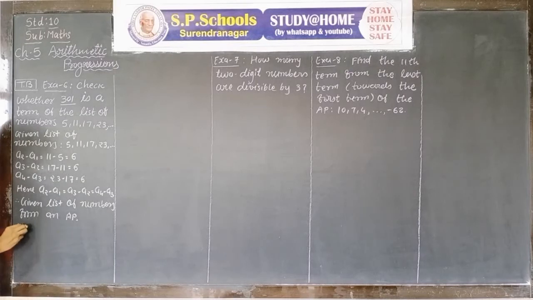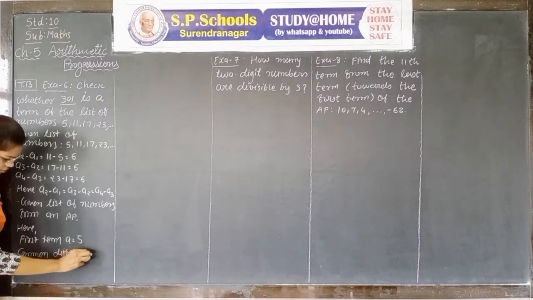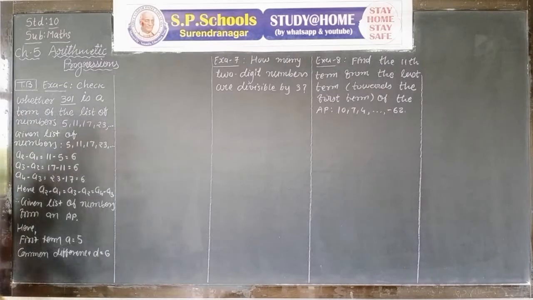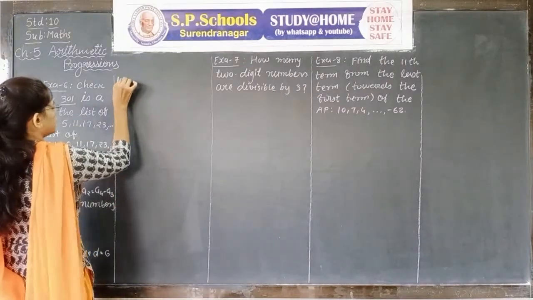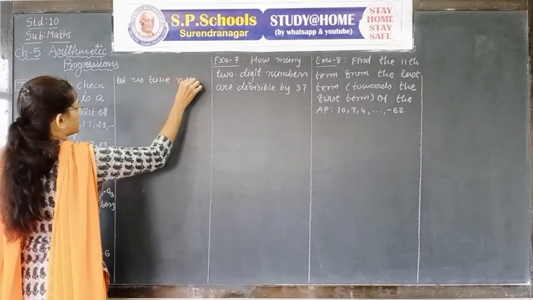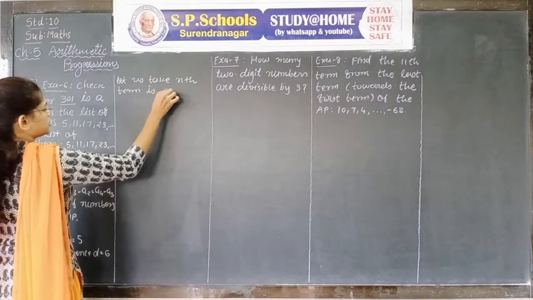Now it is an AP, then we have to check whether 301 is any term or not. For that, first we write the first term a is equal to 5, common difference d is equal to 6. If any term is 301, then let us take the nth term is 301.